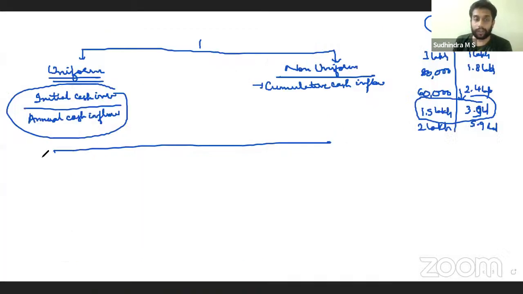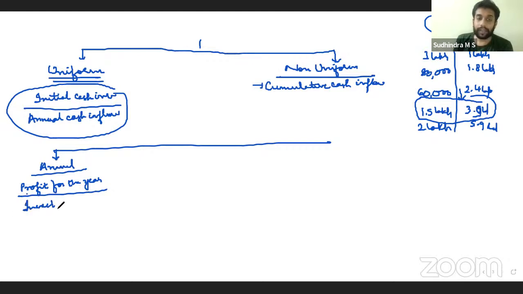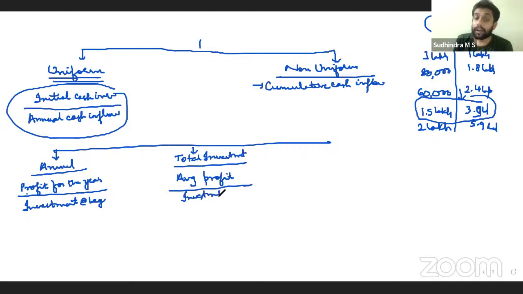In case of annual basis, it is profit for the year divided by investment at the beginning. In case of total investment basis, it is average profits divided by investment at beginning.